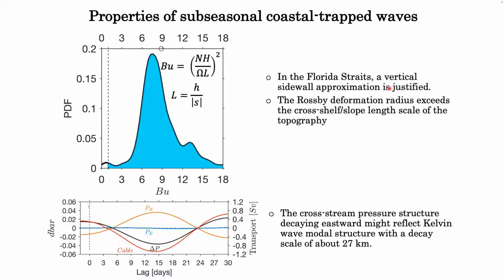In the Florida Straits, the near vertical sidewall approximation for Kelvin waves would be justifiable.